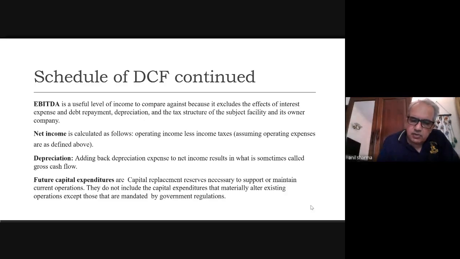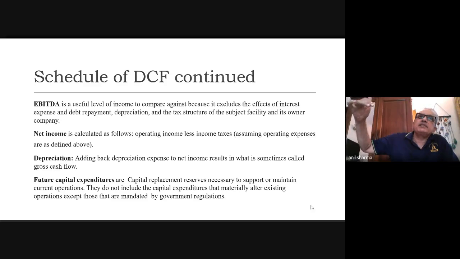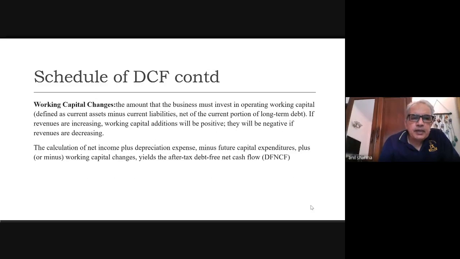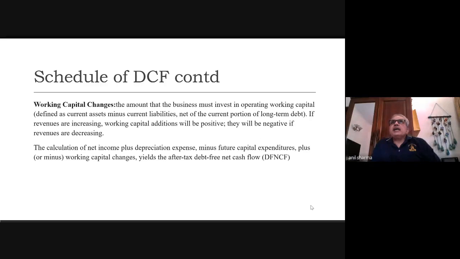So let's say that 50 lakhs was being invested in year 5. That will be reduced from year 5's free cash flows, right? Any working capital additions are also reduced, or any working capital reductions are added back to the free cash flows. So these working capital changes are accounted for in the free cash flows in the discounted cash flow method.